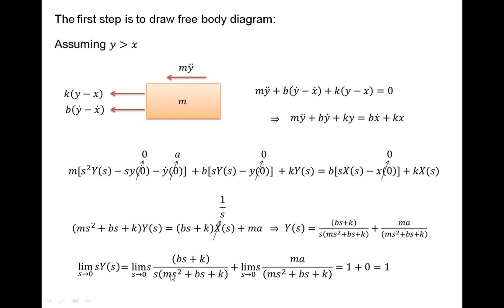If you see, this s will be cancelled out with this s, and if I put s equal to 0 here and here, I will have k over k, which will be equal to 1. And for this other term, I have m a s in the numerator, which if I put s equal to 0, the numerator will be 0 and the denominator will be k, so 0 over k will be 0. So the final value of the response will be 1 plus 0 equal to 1.